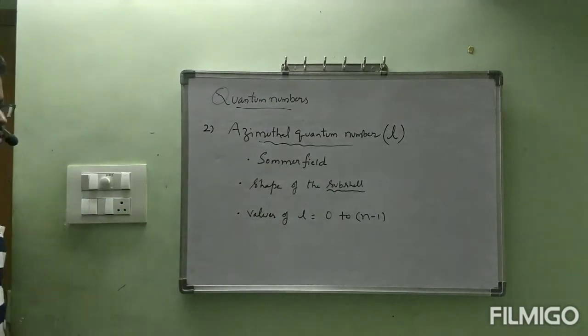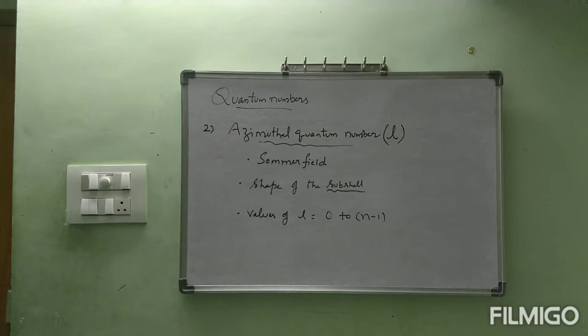First, all of you look at the board carefully. What is the second quantum number name? The second quantum number is the azimuthal quantum number, proposed by Sommerfeld. Okay, mainly it discusses the shape of the subshell. Values of L are 0 to n minus 1.